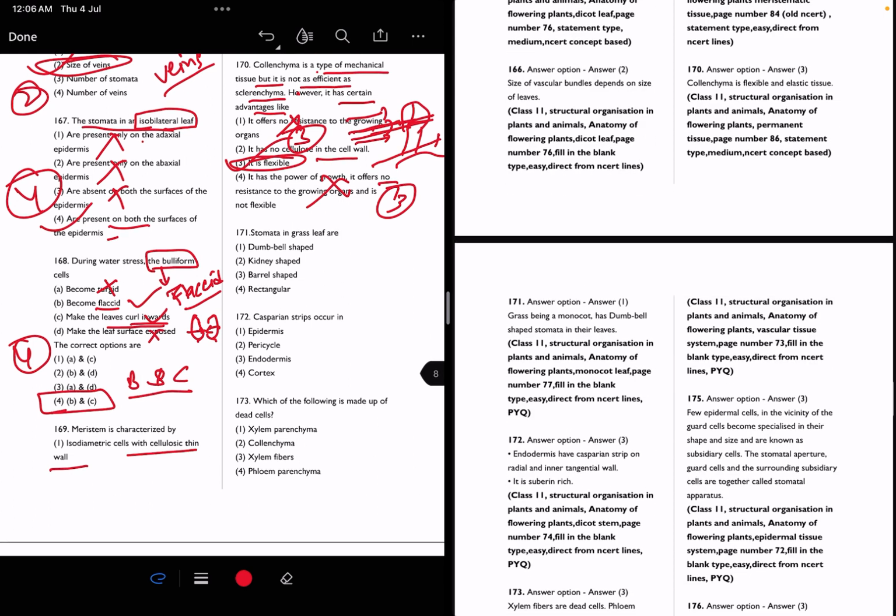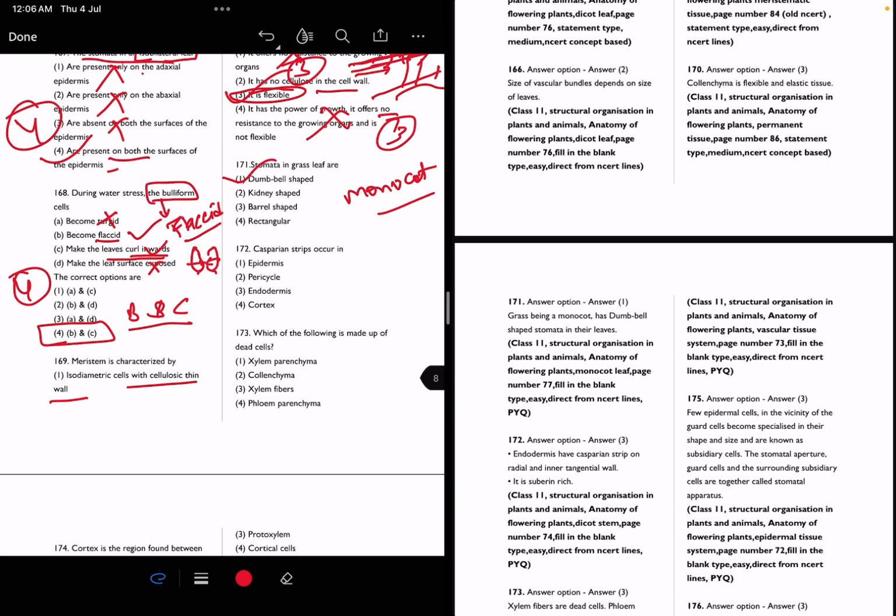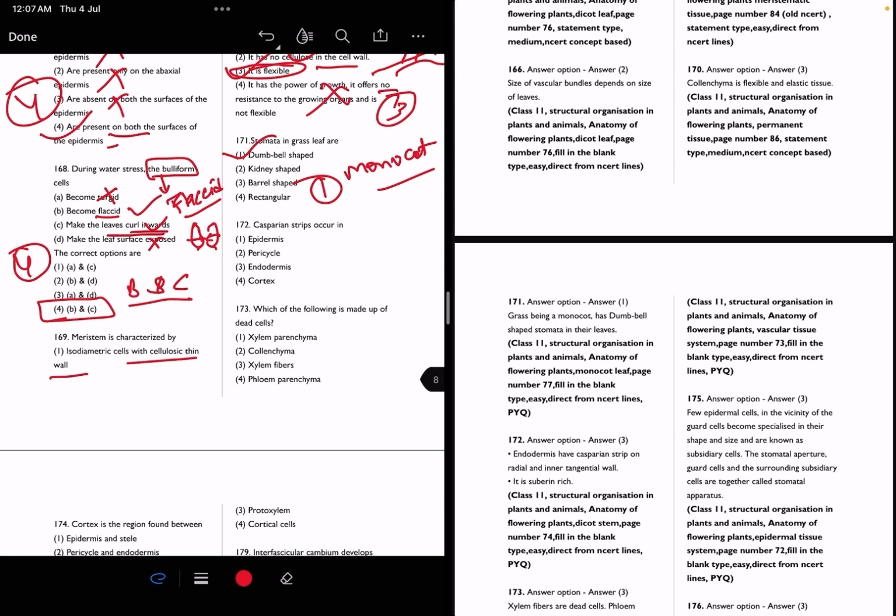Now read question 171. Stomata in grass leaf. Is grass monocot or dicot? Monocot. In monocots, the stomata present a dumbbell-shaped cell structure. Then the Casparian strips, which I told you earlier are in the endodermis.